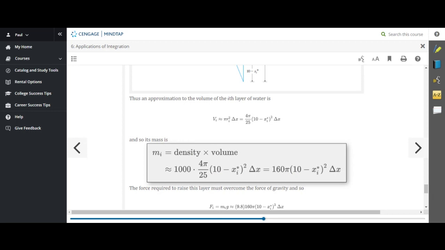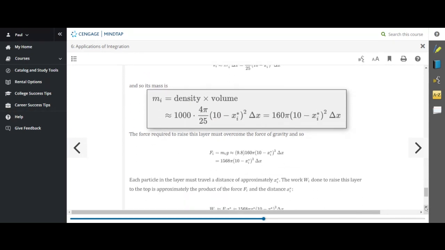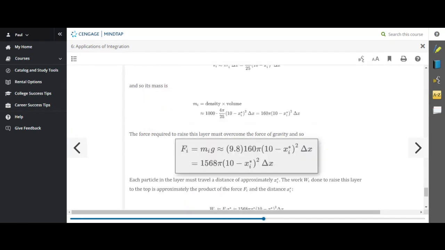Now, from mass, we get to force, because force is mass times acceleration due to gravity. Eventually, work is force times distance, so we have to get to force. Well, here's the force now. The force for the ith layer of water is equal to mass times acceleration.